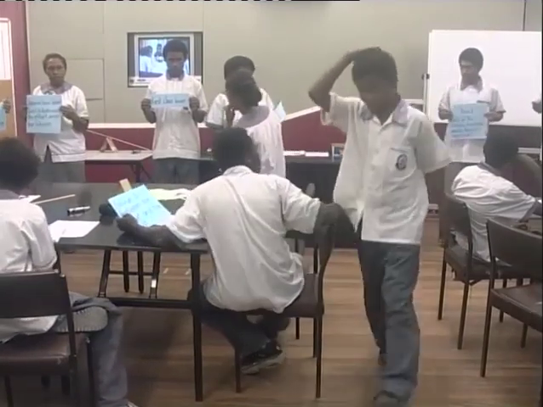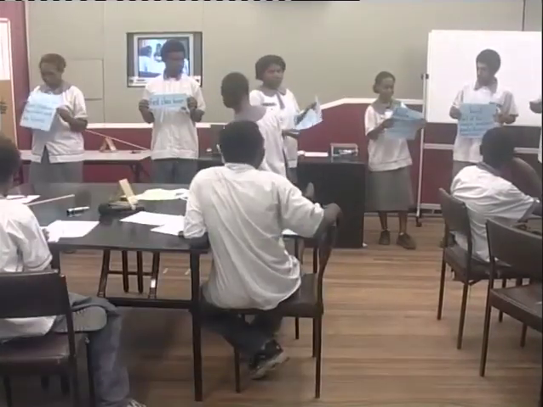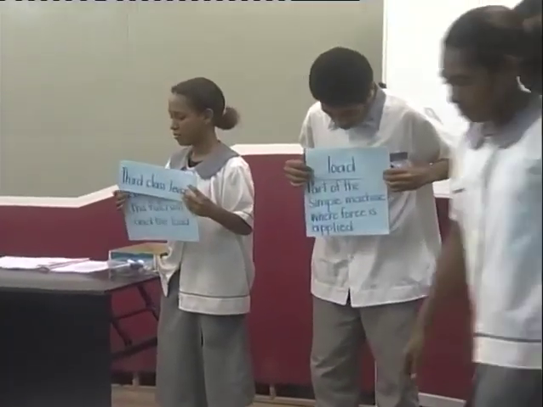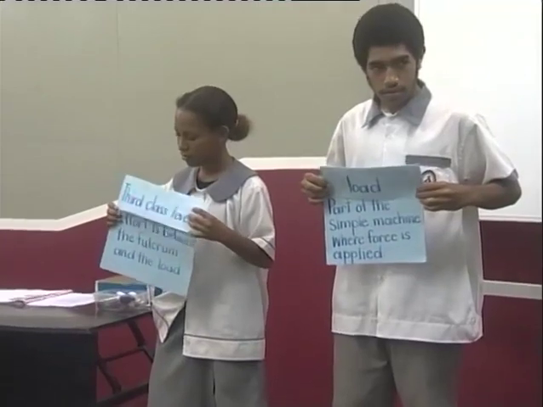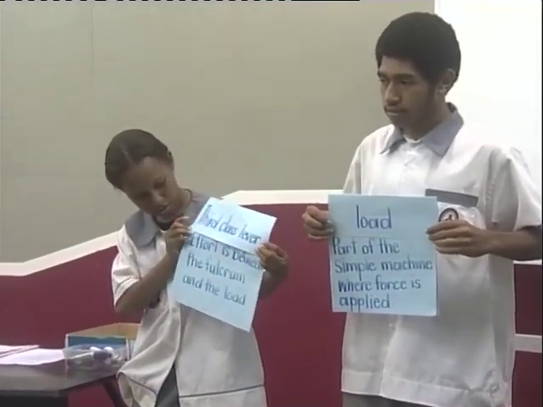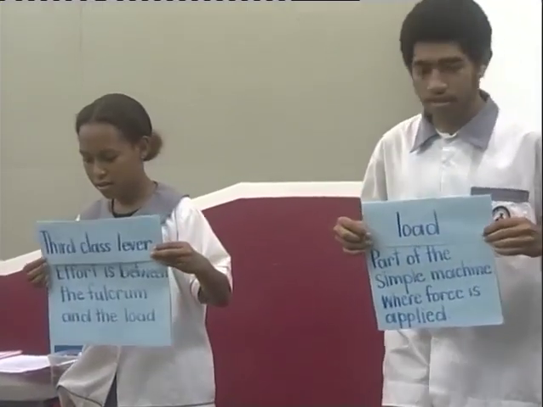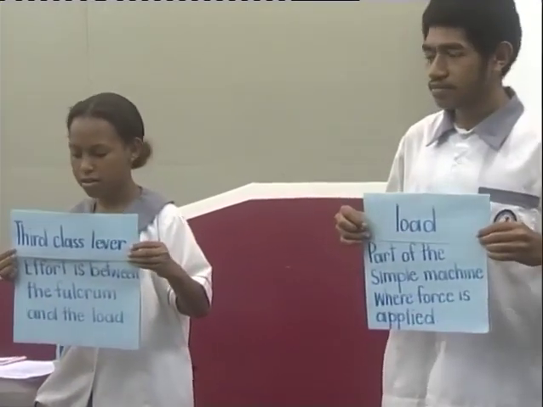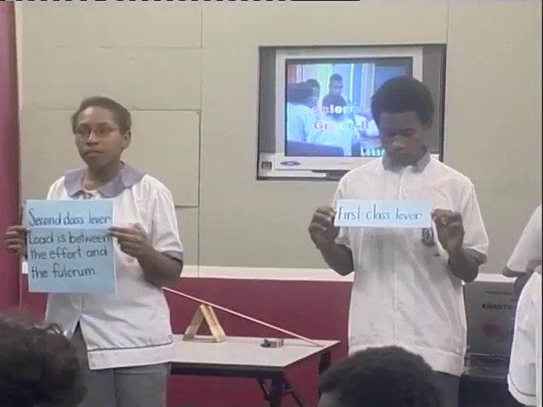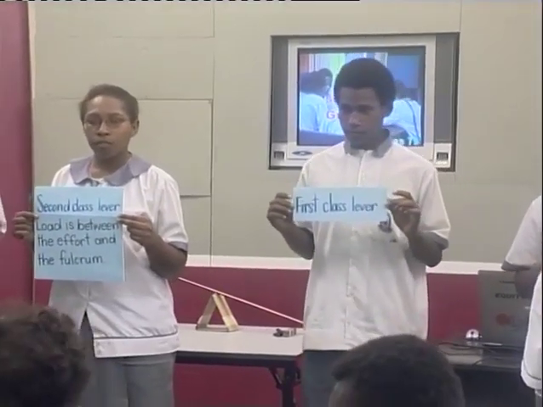The others who are sitting with the receiving students, I'd like you to have a look at what we have to see whether your friends have tried to find the correct other half. We still have first class lever, effort distance, effort in a lever.